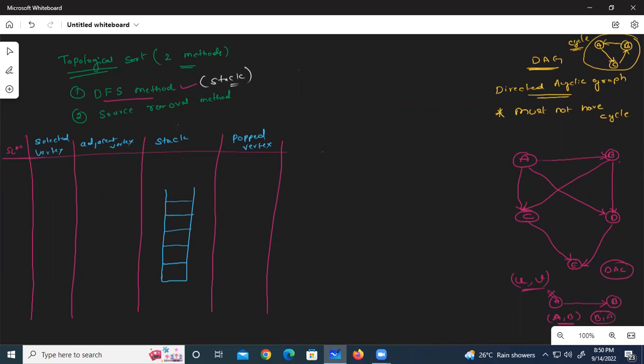That is our ideology here. Again, you have to mention which vertex you visited first. That is what we call topological sort. Once you identify which vertex you visited first, according to that order you will represent it.